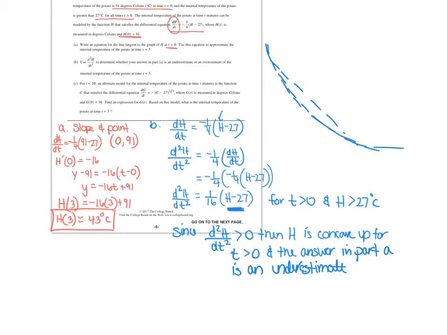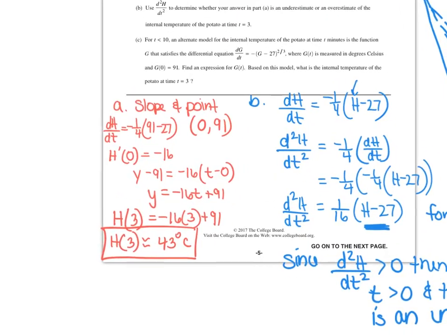So if you think about your tangent line, it is right here. If you're using that tangent line in part A to estimate this value on the graph, you're getting that value, which you can see is below. So that's why it ends up being an underestimate of the actual value.